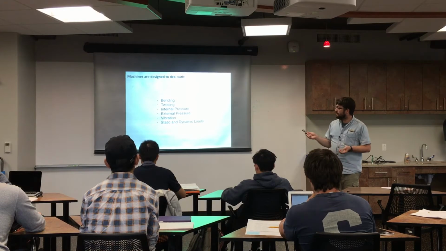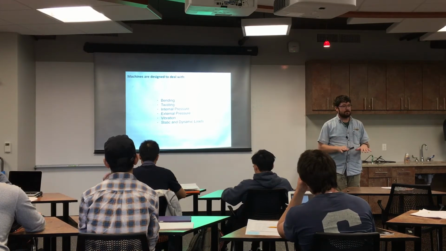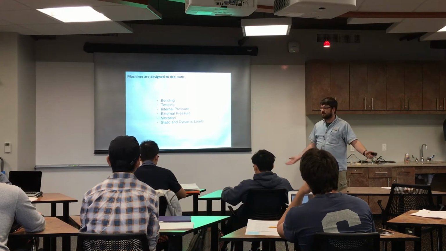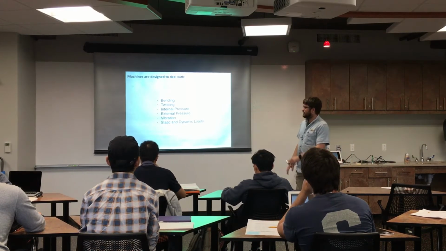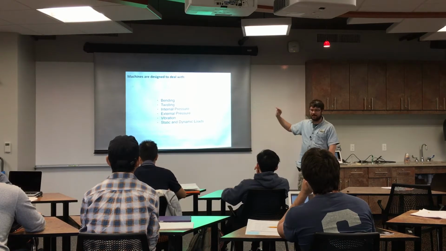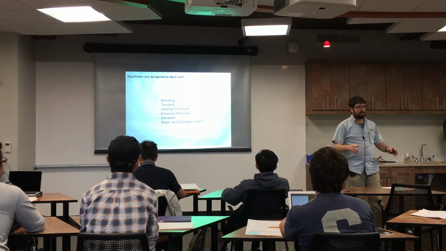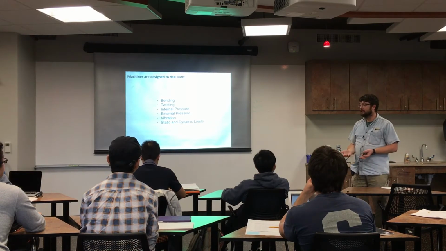And then it's also going to have to deal with static and dynamic loads. So a static load is, this building has to support itself. That's a load that's there all the time. Again, that's a whole class in engineering. Dynamic loads, that's another whole class in engineering, where you've got loads that change.